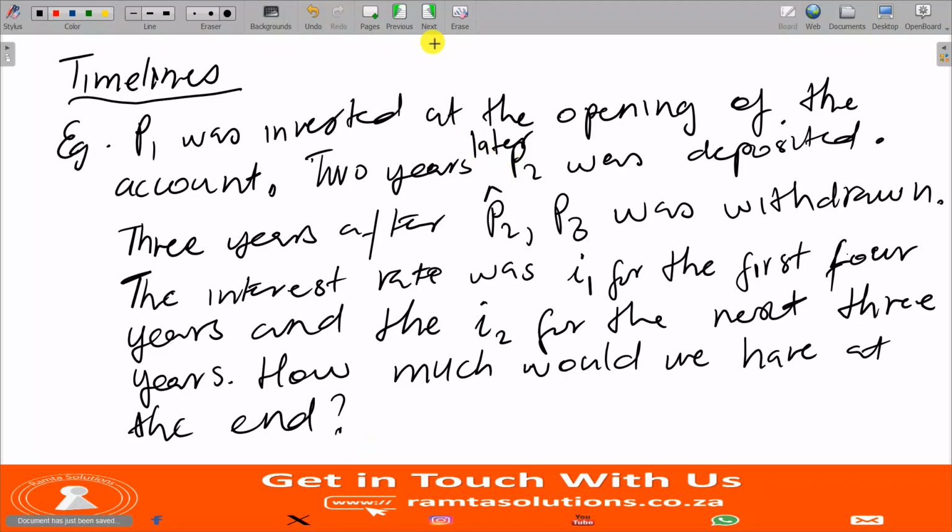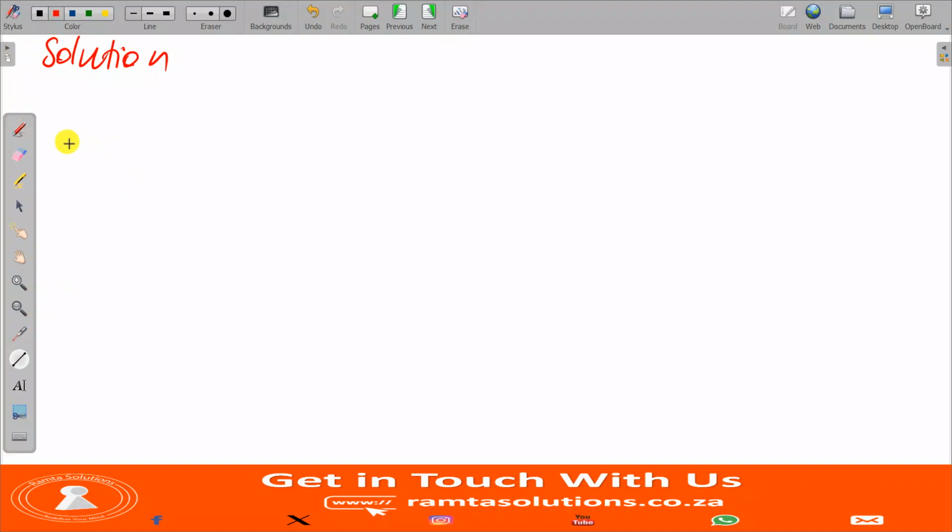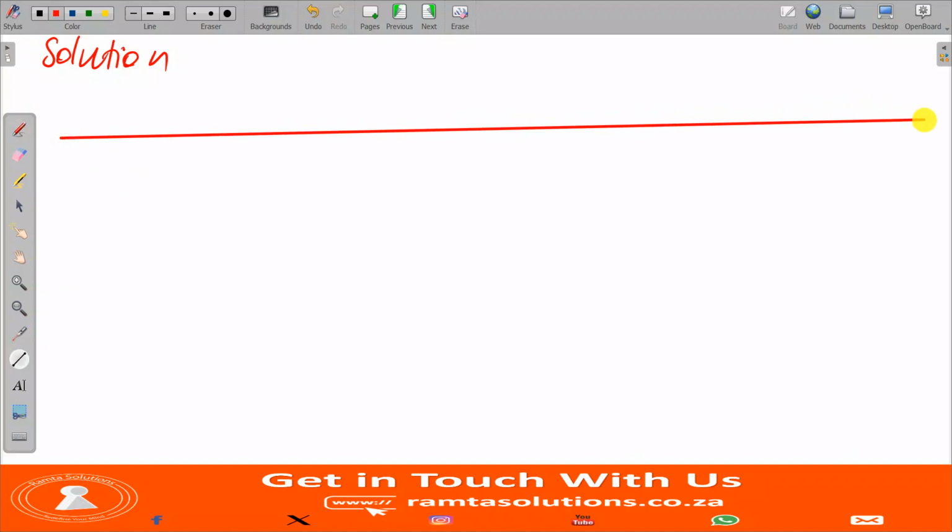In our solution, first thing first, you draw a timeline.